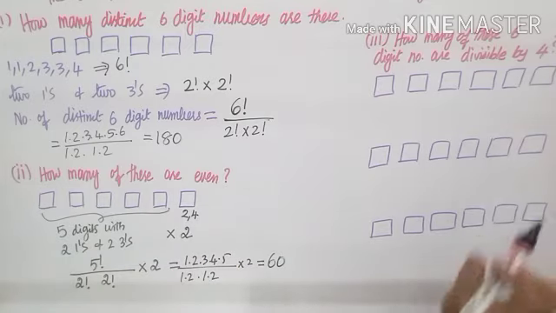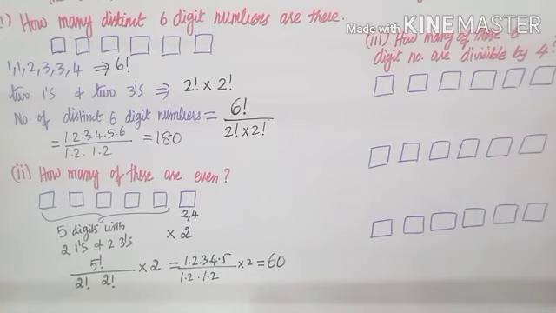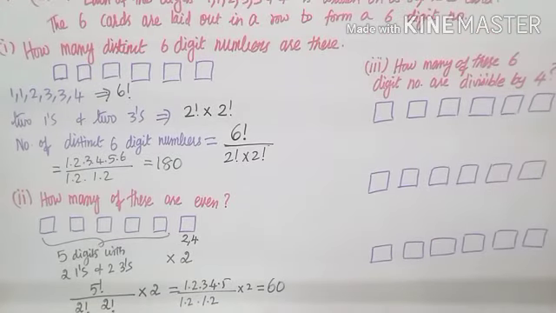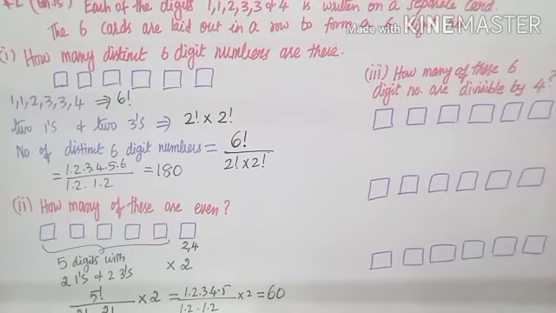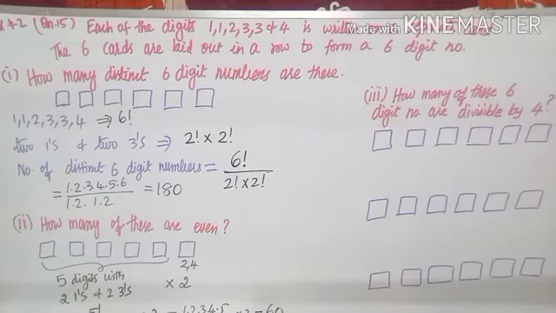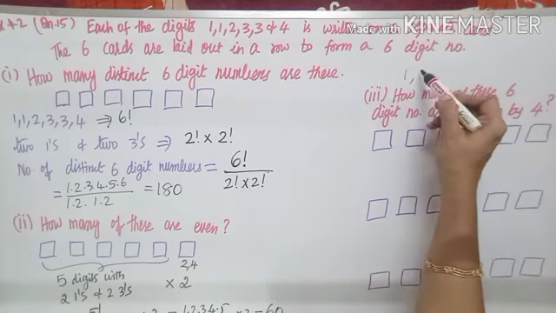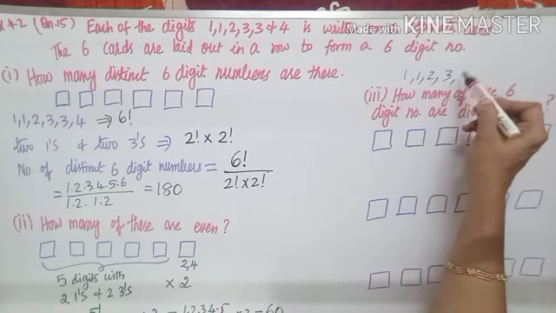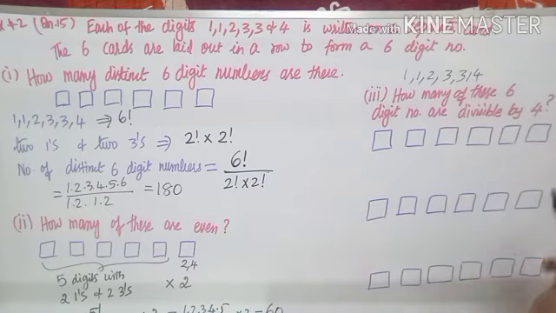But when I say divisible by 4, the divisibility rule of 4 tells me I must check the last 2 digits. What are the digits given to us? 1, 1, 2, 3, 3, 4.